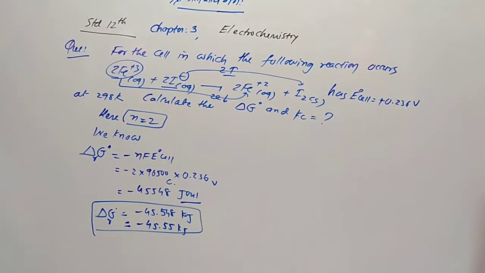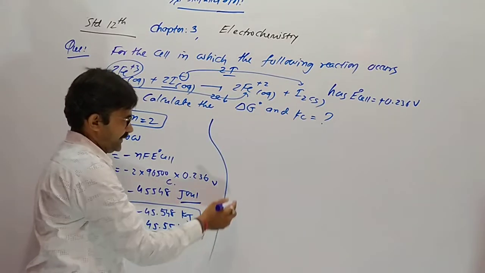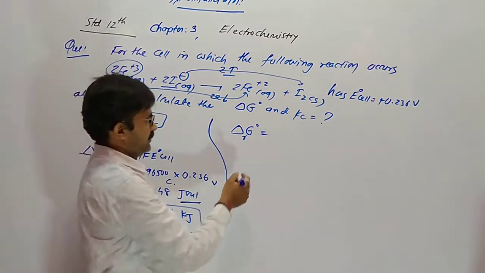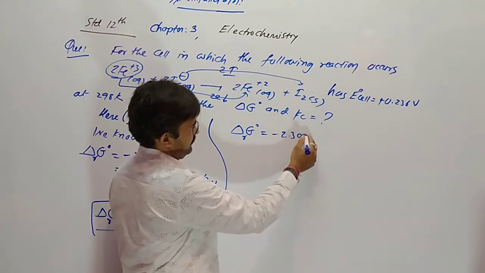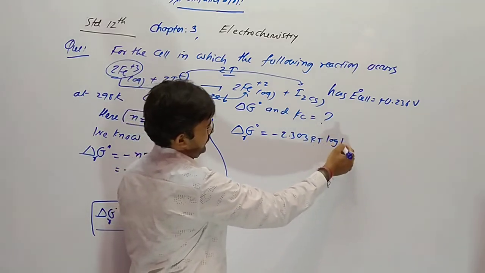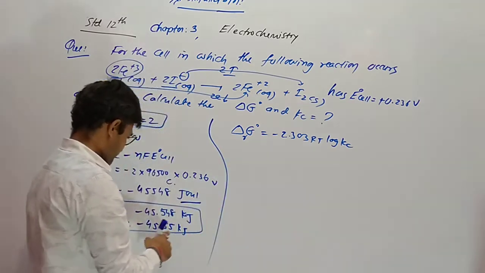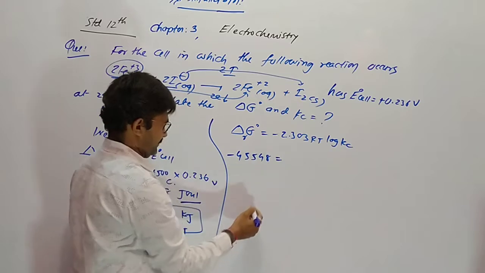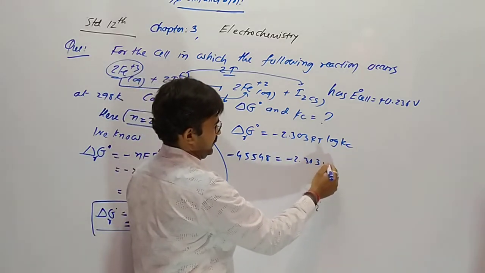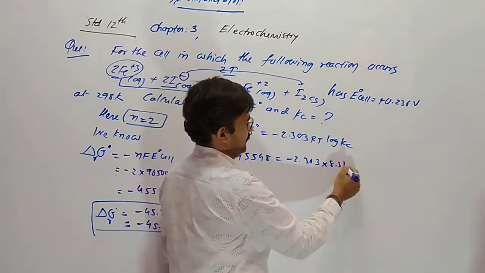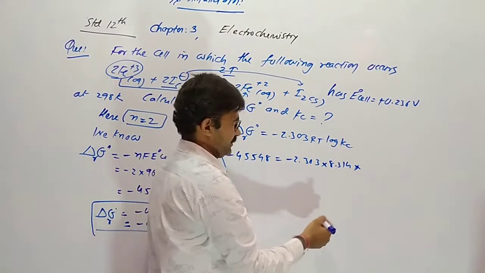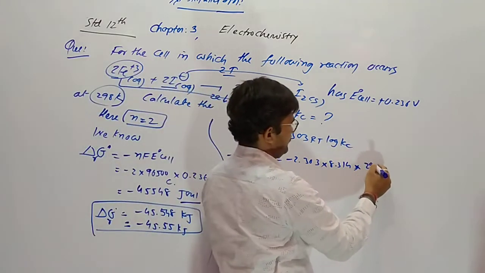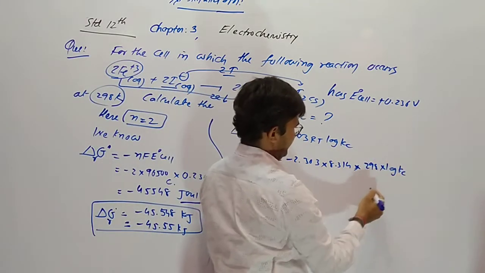First answer done. Now the second. For getting the equilibrium constant from the value of ΔG, we know ΔG° = −2.303 RT log Kc. Here ΔG is 45548, minus 2.303, the value of R in joule is 8.314, temperature is given as 298 Kelvin, and log Kc.